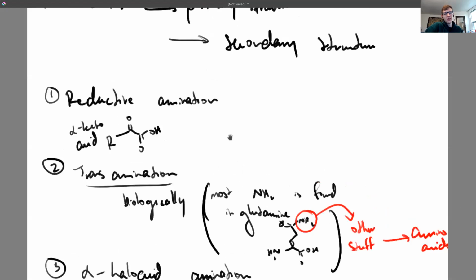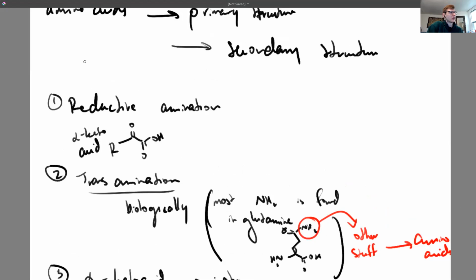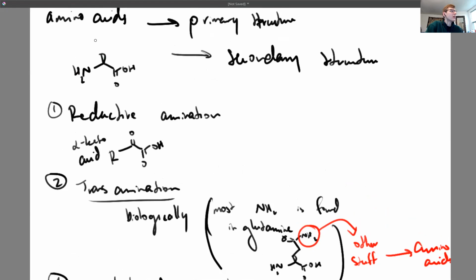In general, when we're talking about amino acids, the structure will look like this. Everybody draws these a different way, but this is the way that I personally do it. So this is an amino acid. In general, the L form is the biologically occurring one.